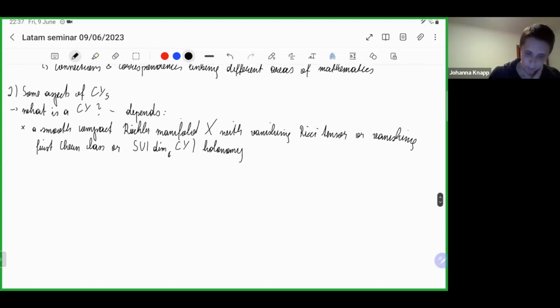All right, so I will not introduce what Kähler or complex manifolds are. You can look that up in Nakahara or your favorite textbooks.